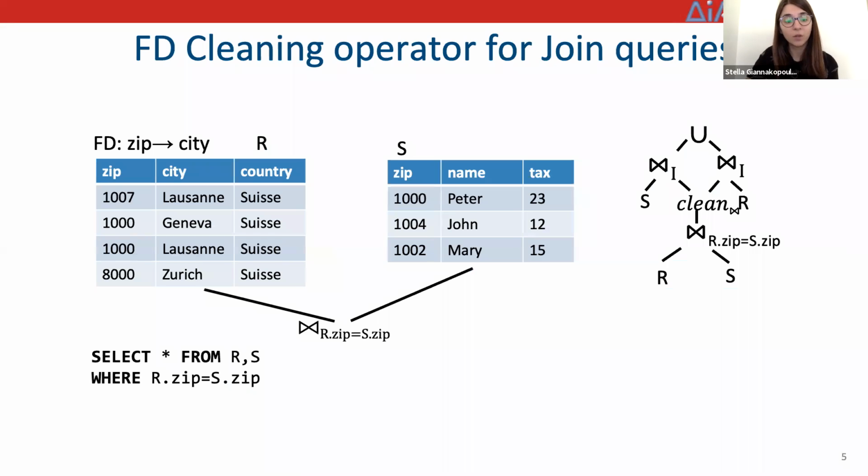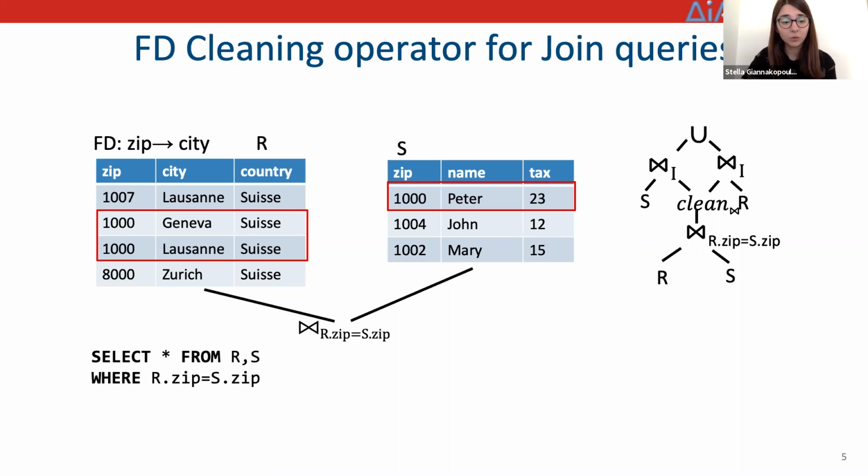For example, if we have a join query between relation R and S, and relation R involves violations of the functional dependency between the zip code and the city. So a dirty result of the join of the two tables would involve the pairs of these tuples shown in red boxes.